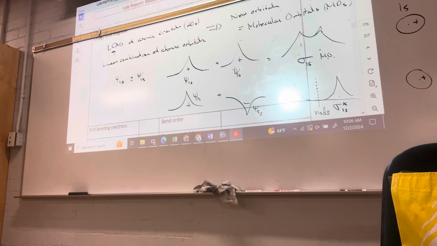When we do this, we can have positive amplitude and positive amplitude. That's going to result in constructive interference, and we form a bonding MO. This bonding MO is called the sigma 1s. And so I'll take a 1s orbital here on atom A and a 1s orbital here on atom B, and I'm going to make a sigma 1s orbital here on the molecule, which is going to be cigar shaped like that.